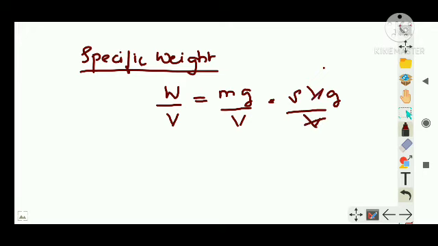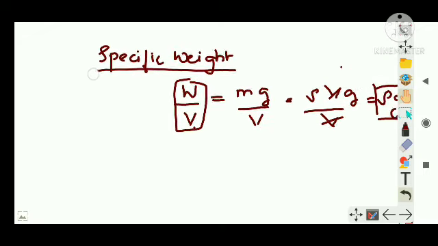So volume cancels out. So I can write specific weight is equal to weight by volume. Also it is density of the object into acceleration due to gravity.